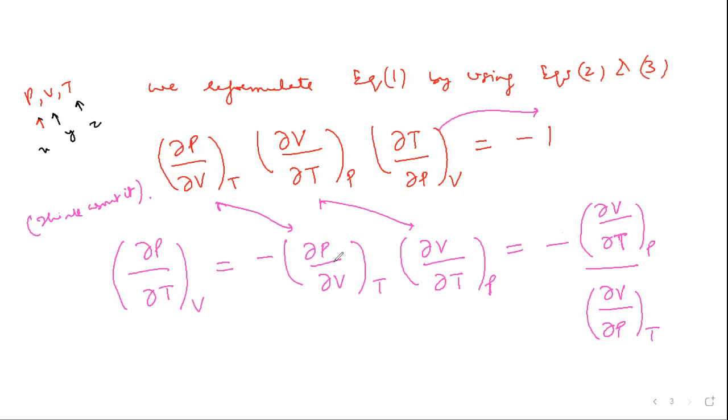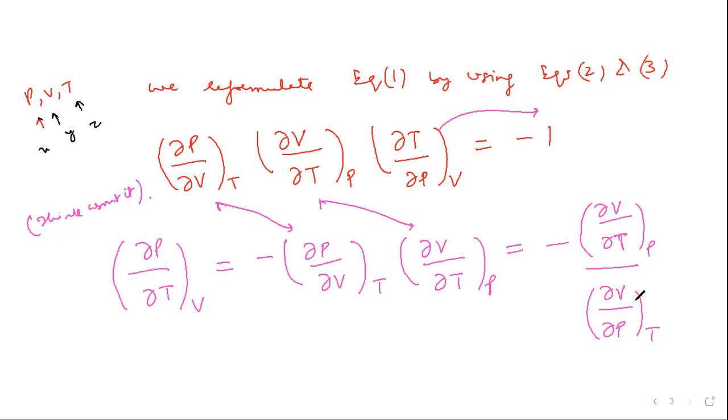Then I have converted it into reciprocal. When I reciprocal it, I write it dou V by dou P at constant T. Got it? So this factor I have converted into reciprocal, dou V by dou P at constant T. So I have now minus dou V by dou T at constant P over dou V by dou P at constant T.